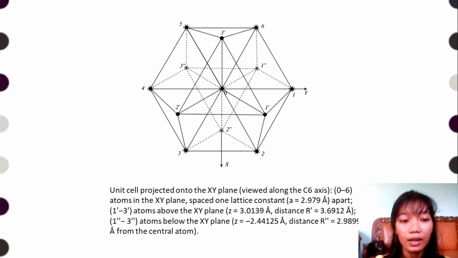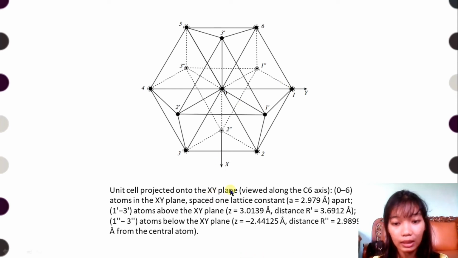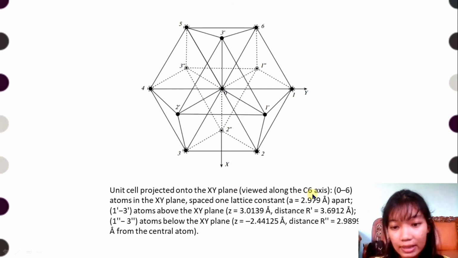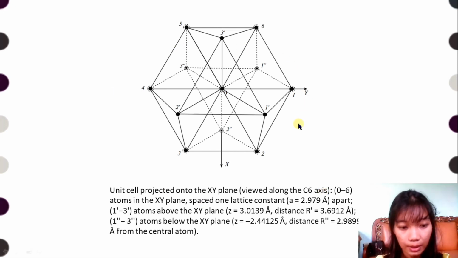So the unit cell is projected into the xy plane, with the C6 axis. This is the hexagonal structure of cadmium.